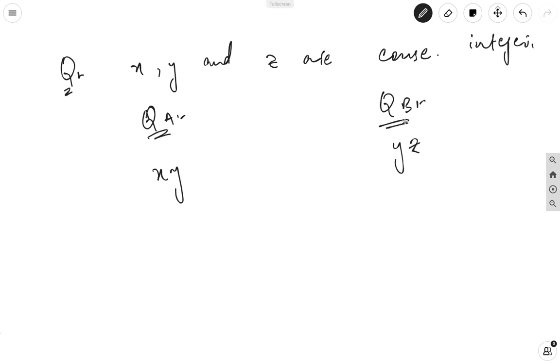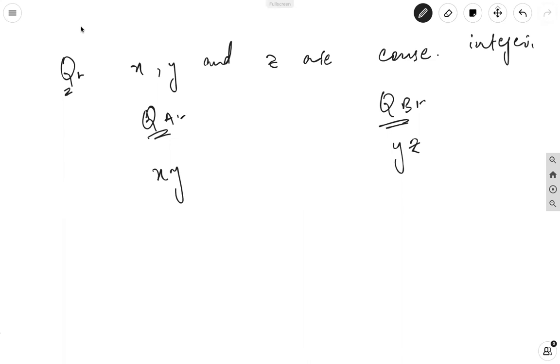I'm repeating the question: x, y, and z are consecutive integers. Quantity A is xy and quantity B is yz. Just solve this question. It didn't mention positive or negative, right? So the answer is D.